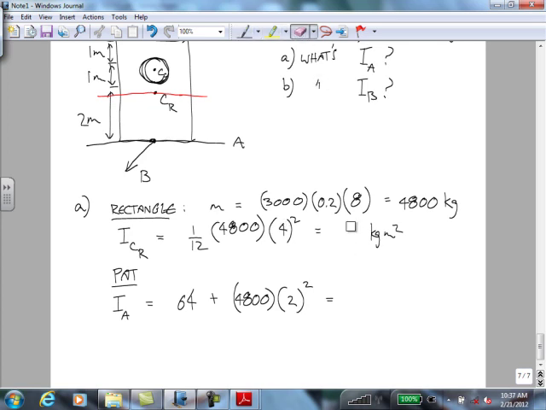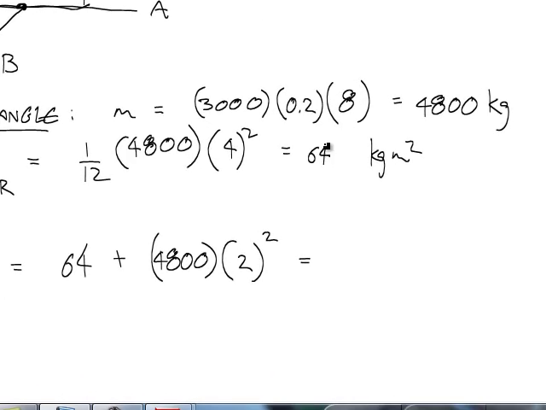Okay, and then what's this when you add the parallel axis theorem? Notice in this case, the much bigger part of that moment of inertia is coming from the parallel axis theorem.